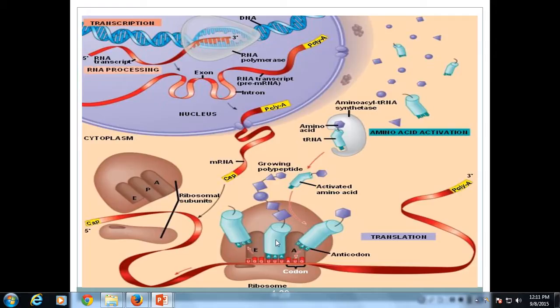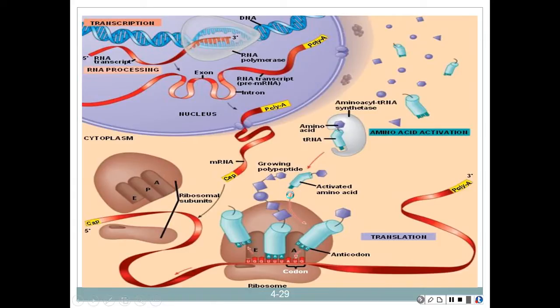So everything is shifting from one site to the next, from the A site to the P site to the E site. The A site is basically where it starts to initiate. The P site is where the amino acids are binding with each other, creating that dipeptide bond, or a peptide bond.